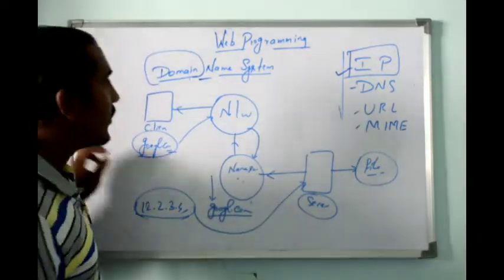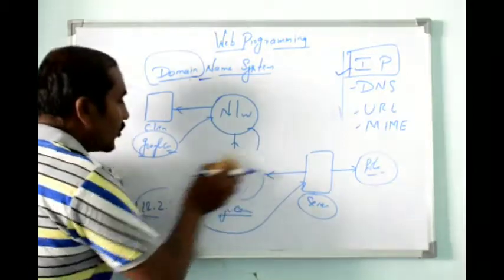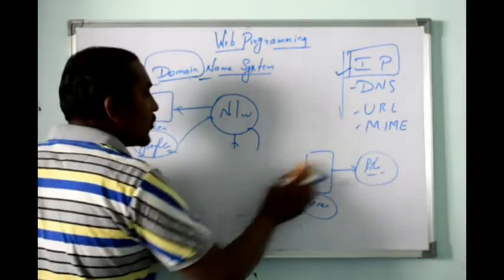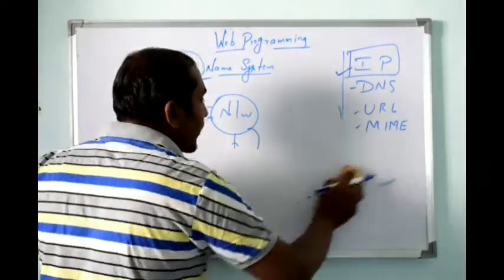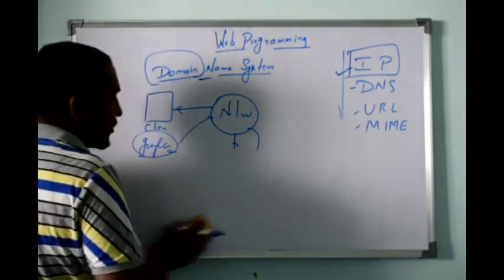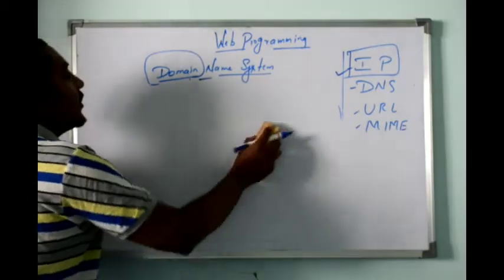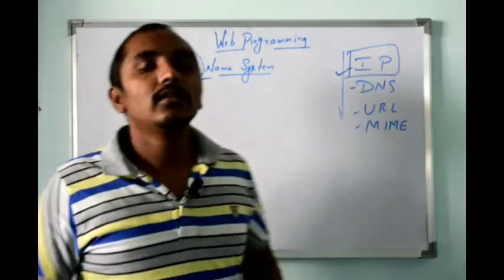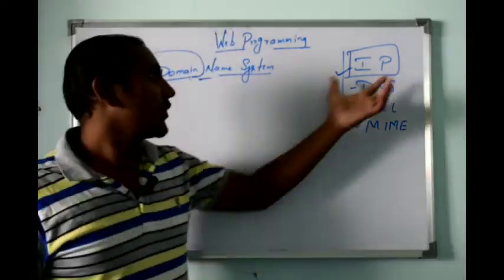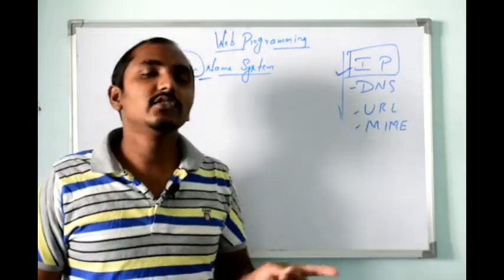Hope this is clear. And next, coming to the domain name system, usually we have two types of IP address that we use. I told you what an IP address is also: it is the number or the given address which represents one device to another device.